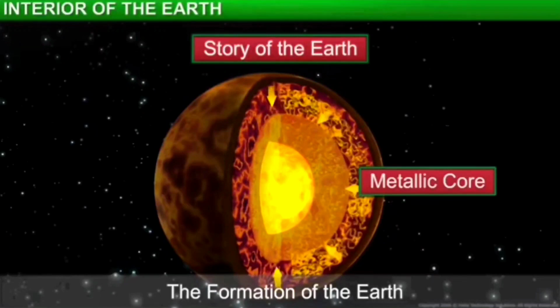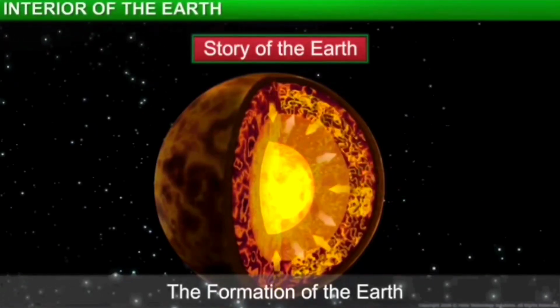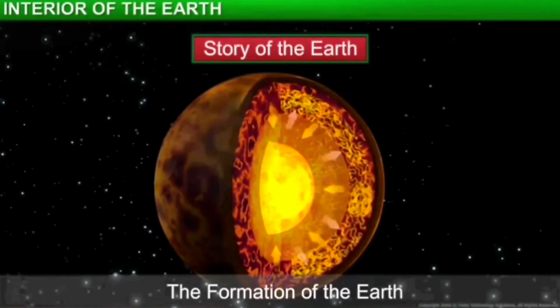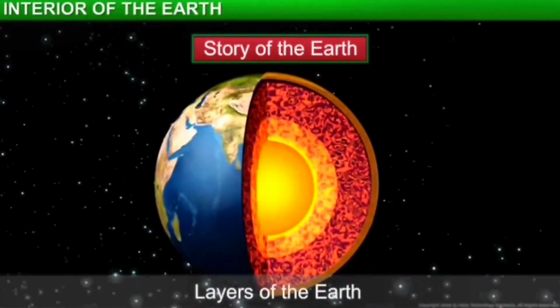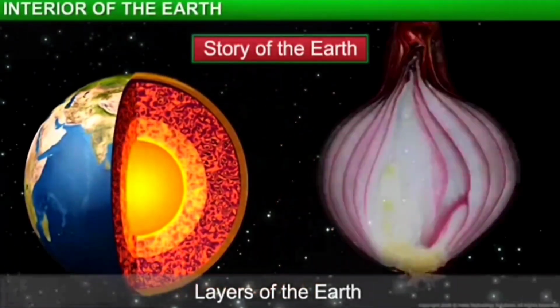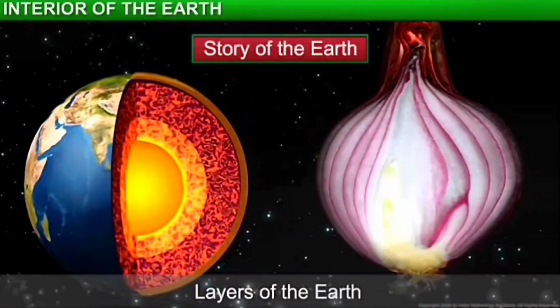At the same time, the lighter, less dense elements were pushed out towards the surface, where they formed the Earth's crust. This led to the formation of Earth with several different layers of material, very much like an onion.